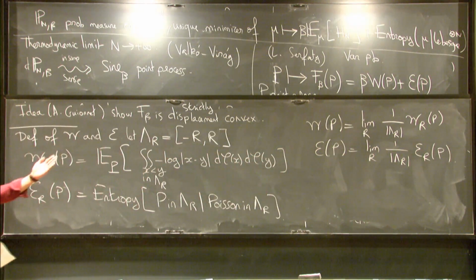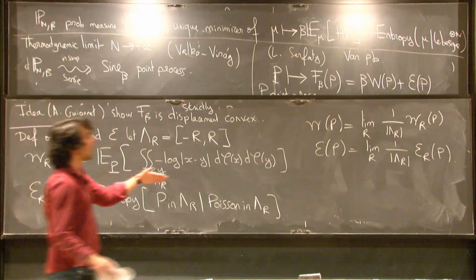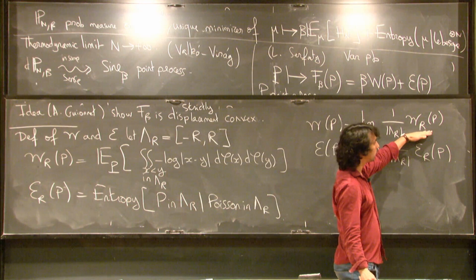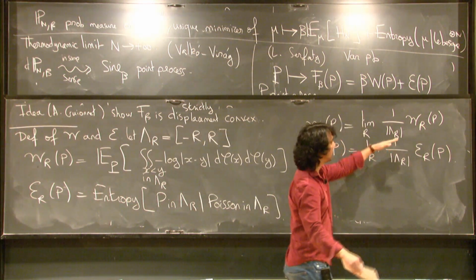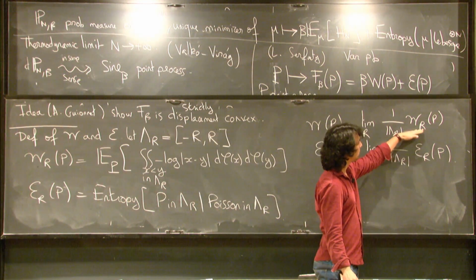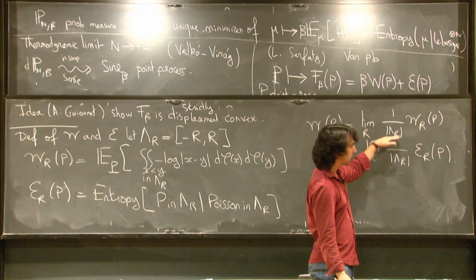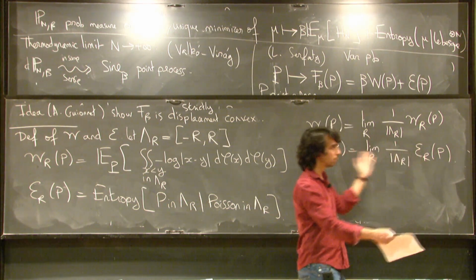so that's a typical situation when you take an infinite volume limit, so a thermodynamic limit. Then your quantities are defined as finite volume quantities, and you need to divide this by the volume because they grow as the volume, and then you take the limit.